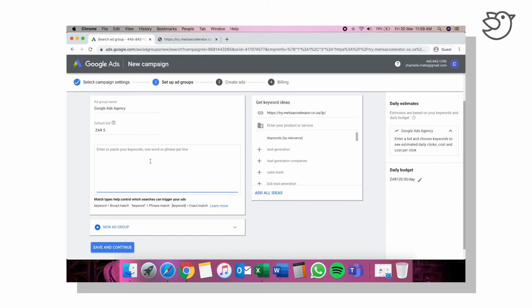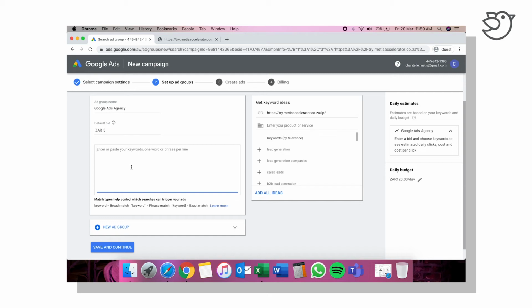So what I highly recommend is you either use phrase match or exact match, which will match whatever you put in there a lot closer to what your services are. Or another little trick is, the one thing they don't speak about in here is something called modified broad. Modified broad means that Google generally has to use the keywords that you are putting in there.